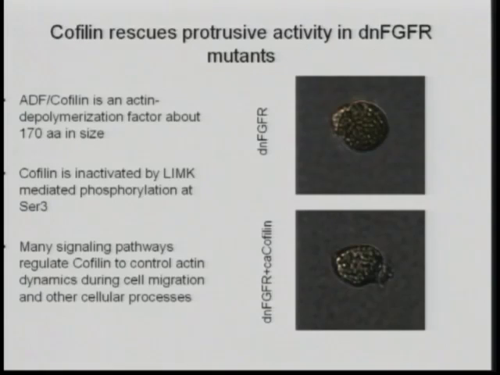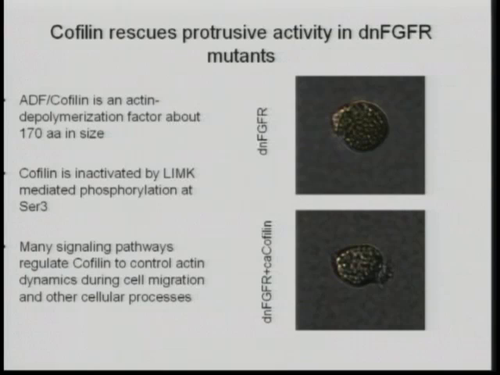ADF/cofilin molecules are a group of small actin depolymerization factors, about 170 amino acids in size, and they are mostly regulated by serine 3 phosphorylation. Cofilin actively regulates actin dynamics in many systems.